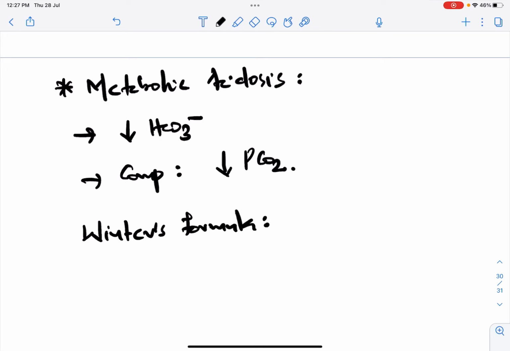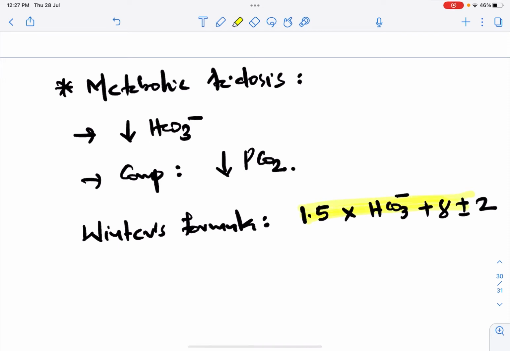The formula is 1.5 times bicarbonate plus 8, plus or minus 2. Kindly make a note: this is bicarbonate, not change in bicarbonate. This is serum bicarbonate.